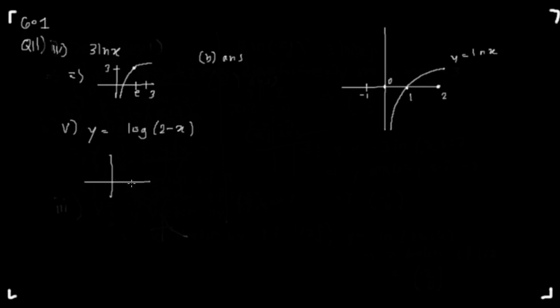I would draw one here, and I would draw two here. This is going to be a starting point. The reason why this is 2 is because we're going to set this as 0. Okay, 2 minus x equals 0. So minus x is equal to minus 2.